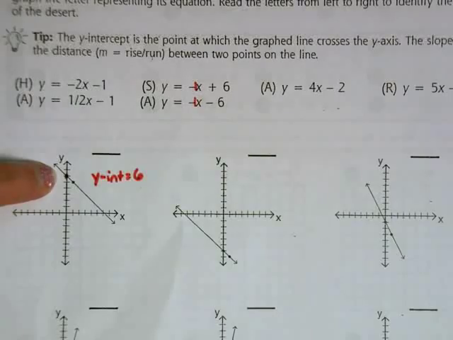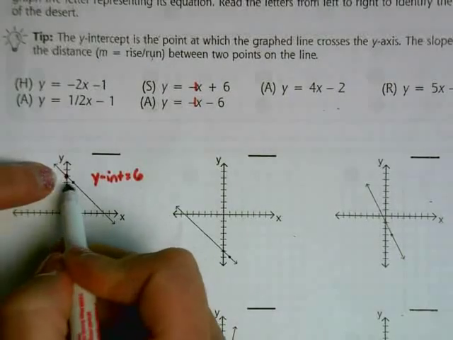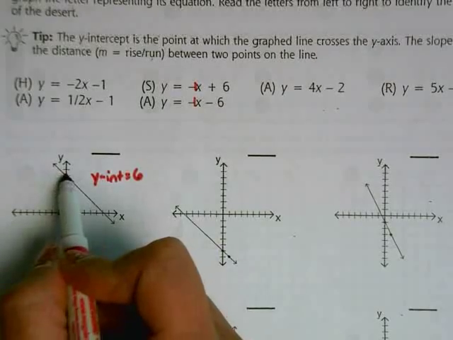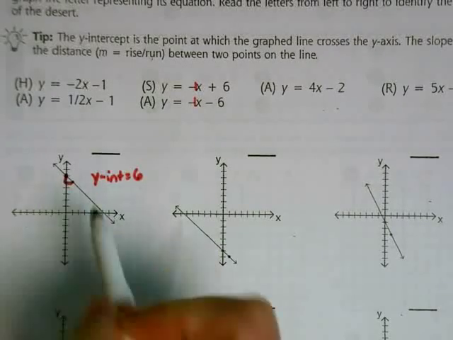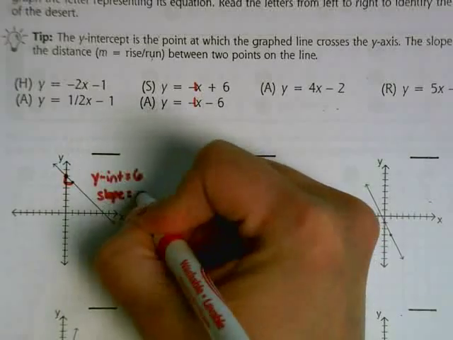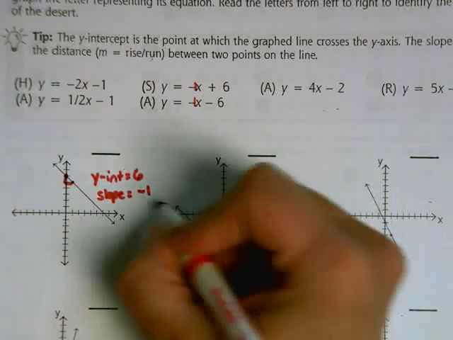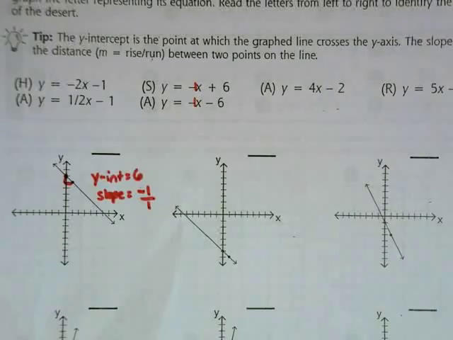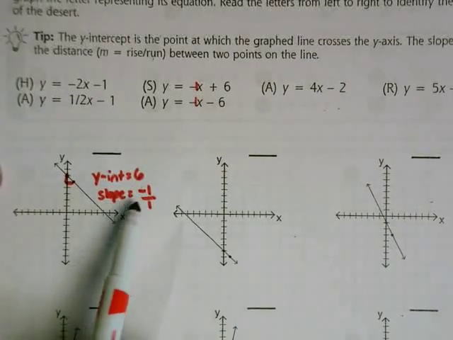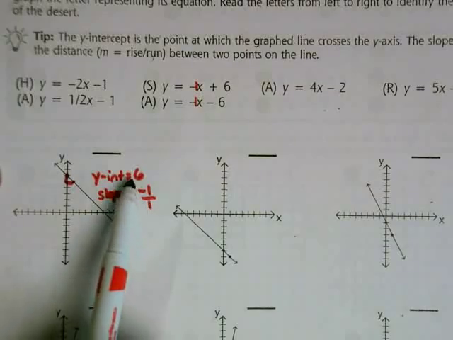So my y-intercept is 6. Could I count the actual slope to get from this point to this point? What's my rise over my run? Down 1, right 1. So my slope is negative 1 over 1, which is negative 1. So which equation matches up with a slope of negative 1 and a y-intercept of 6?